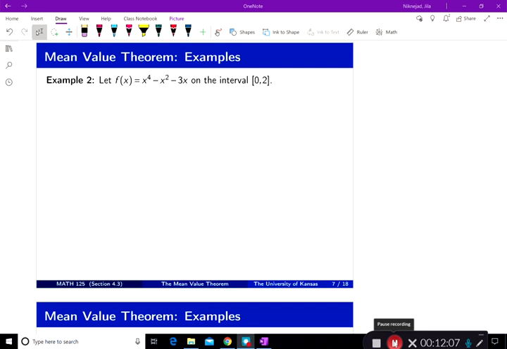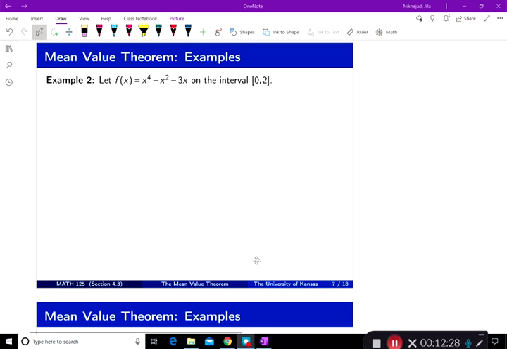So in example 1, we saw that the mean value theorem guaranteed that the slope of the tangent line is the same as the slope of the secant line of the two endpoints at some point. And now we could also solve for that point and find it.